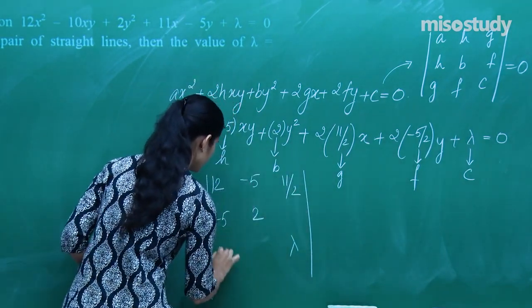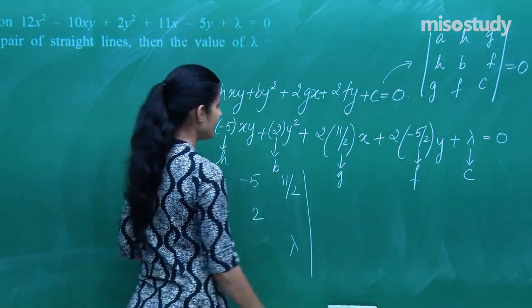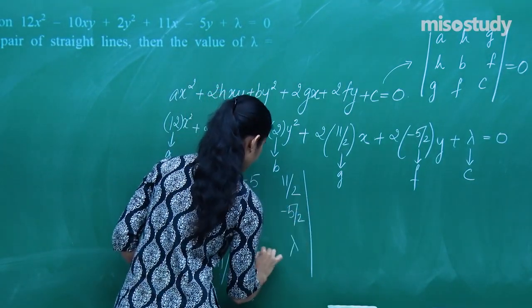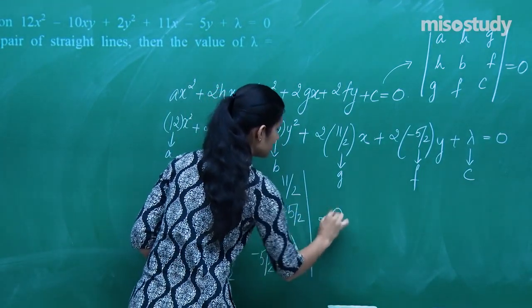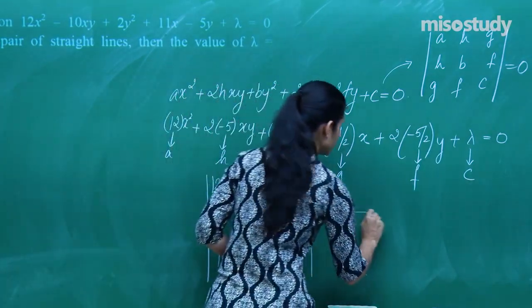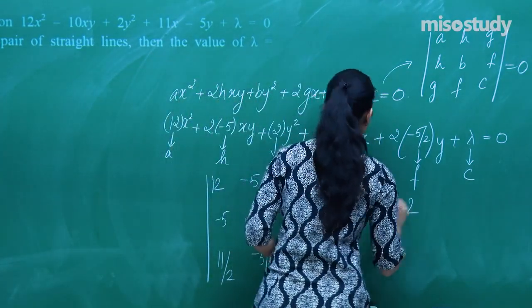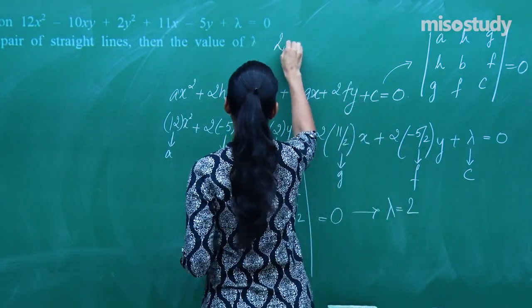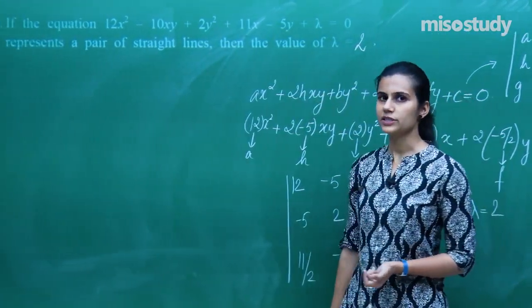Again minus 5, 11 by 2, and F over here. When you resolve this determinant, which is a very easy task, you basically get lambda equals 2. So the integer associated to this question is 2.